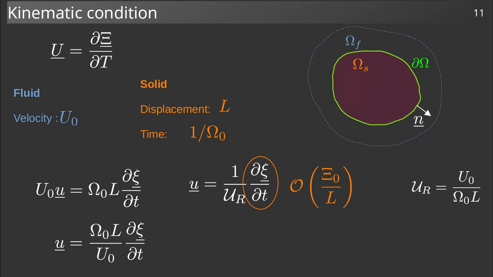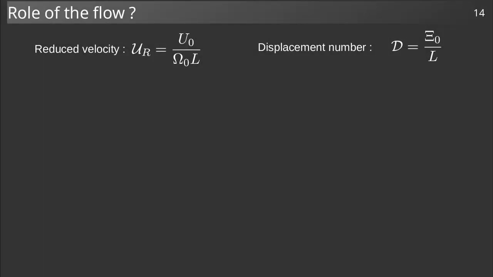Its order of magnitude is xi naught on L. And finally, introducing the number d equals xi naught over L, the order of magnitude of small u in this boundary condition is d on ur. The two dimensionless numbers we have introduced are called reduced velocity and displacement number.